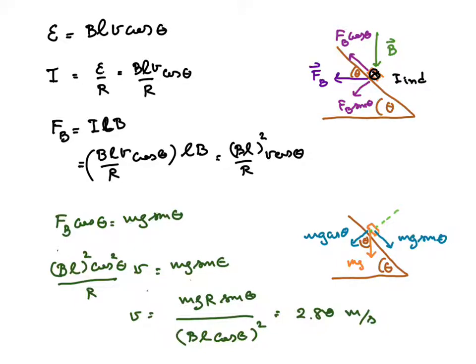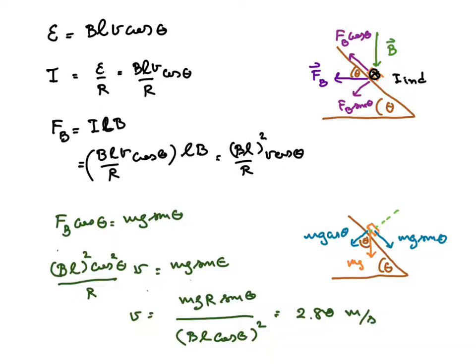So we can write that FB cos theta is equal to mg sin theta, and we know FB is equal to this term, so we substitute it to get B L squared cos theta squared v over R equal to mg sin theta. By rearranging this equation we get v equal to mgR sin theta over B L squared cos theta squared.